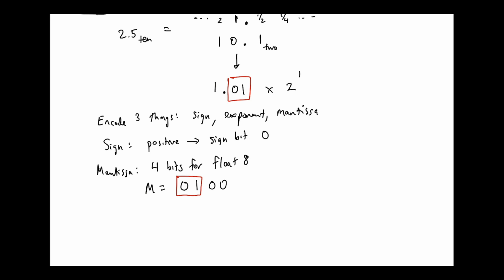Okay. And again, why don't I have to include that 1 that's before the radix? It's always a 1. So there's no need to bother encoding it, because what else would it be? It's not going to be a 0, because if it were a 0, that would indicate a denormalized number or that we have the number 0.